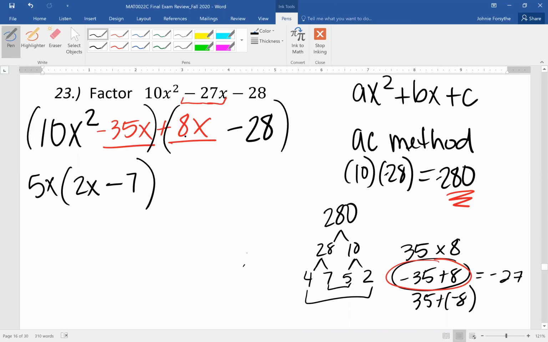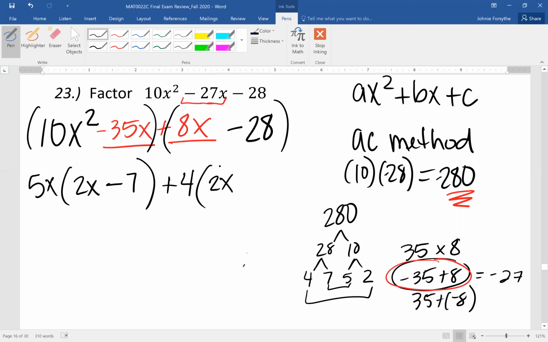So now I'm going to factor out the GCF here. And remember, we're trying to get that same 2x minus 7. If I can't get that same 2x minus 7, then either I did something wrong or maybe it isn't factorable. So I'm going to factor out a 4, a positive 4. When I do that, 4 times 2x equals 8x.